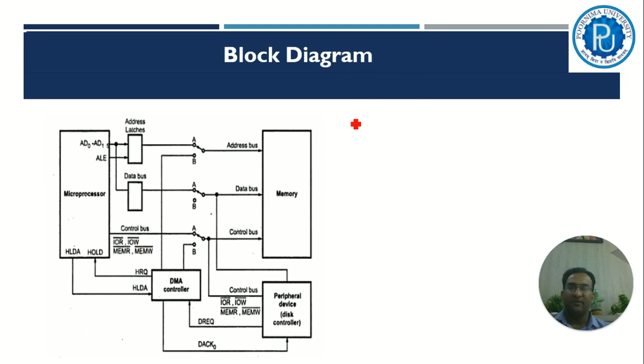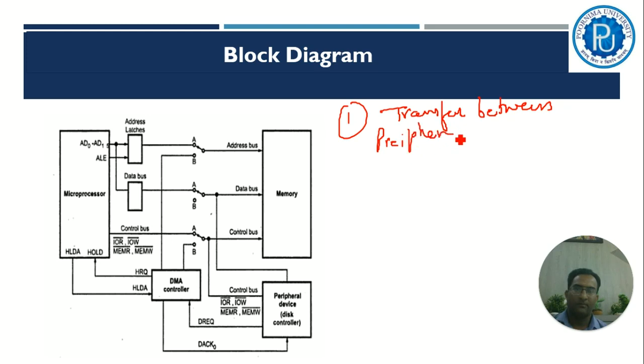Now let us suppose we are taking the scenario where there is a transfer between a peripheral and memory. First of all, the peripheral device, that is this disk controller, will send the request to the DMA controller.